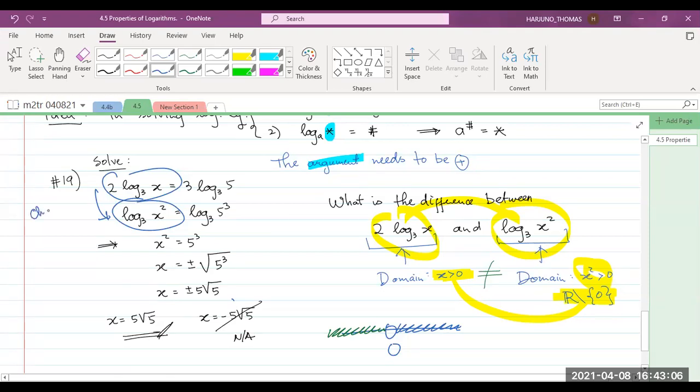The change in domain implies we may get an extraneous solution. To overcome extraneous solutions, just do a final check at the end.